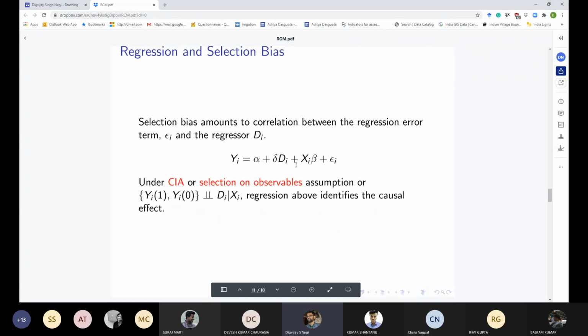Okay. So this regression controls for those other factors which we observe, right?